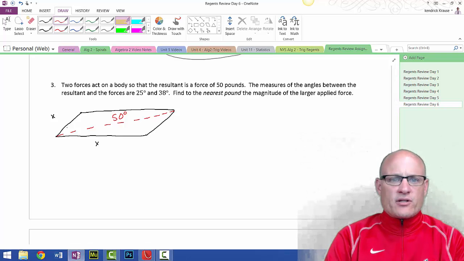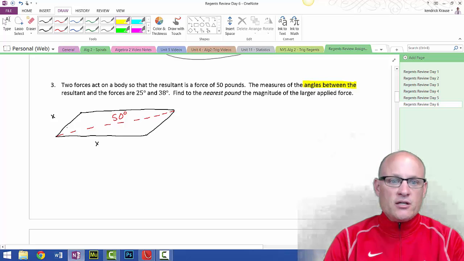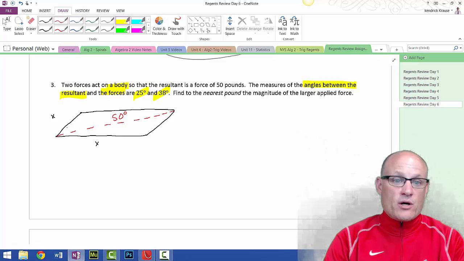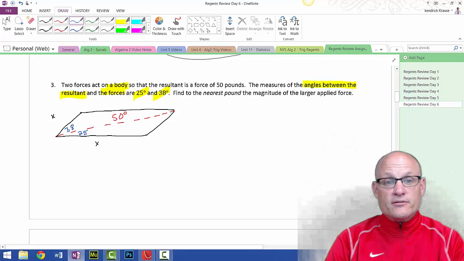Let me highlight this, and hopefully you guys have a highlighter for your test. It says the measure of the angles between the resultant and the forces are 25 and 38. So one of these is 25 and one of these is 38.